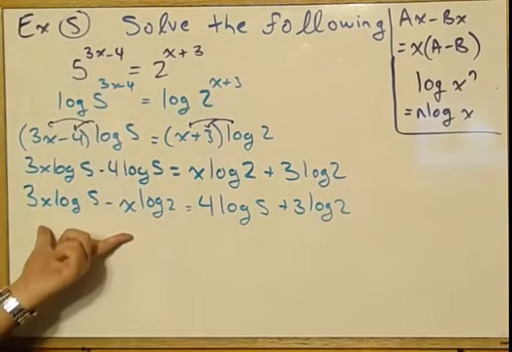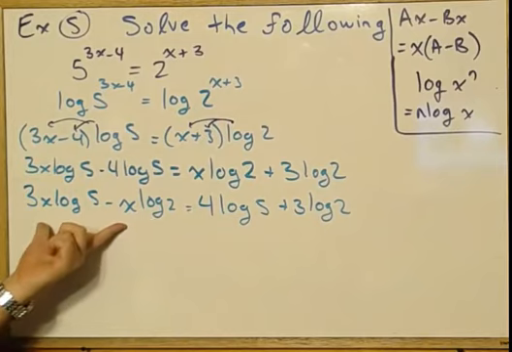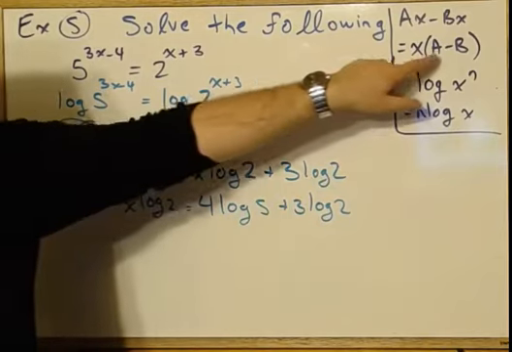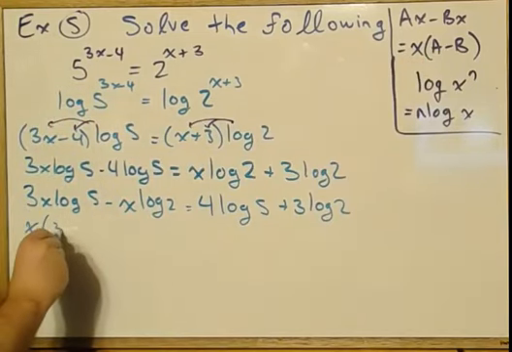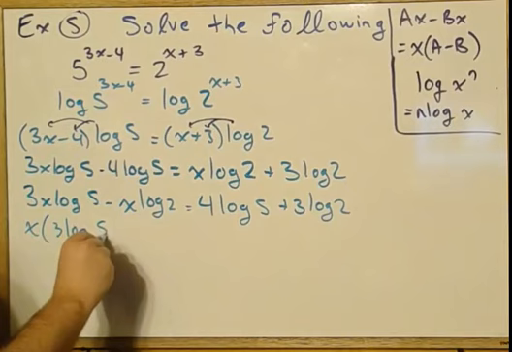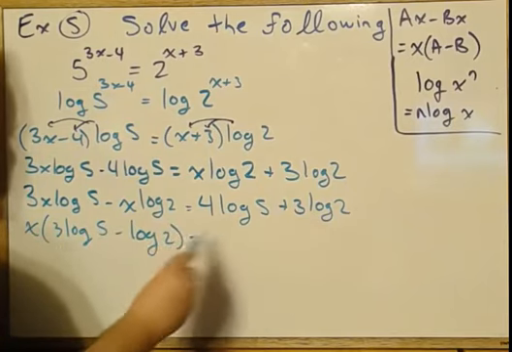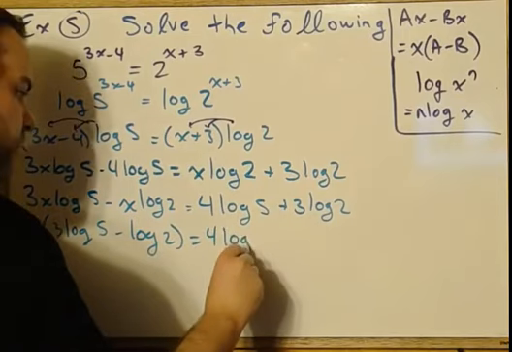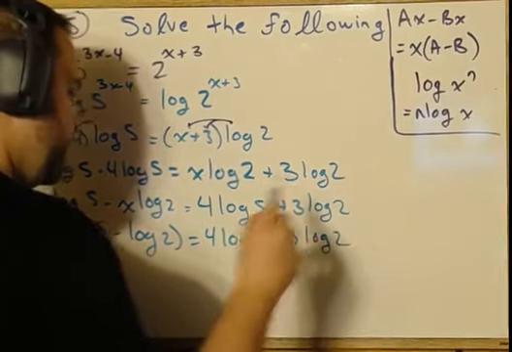At this point, we notice that both these two terms contain an x, so we can factor it out of both. And so we'll end up with x outside of 3 log 5 minus log 2 is equal to the right side, 4 log 5 plus 3 log 2.